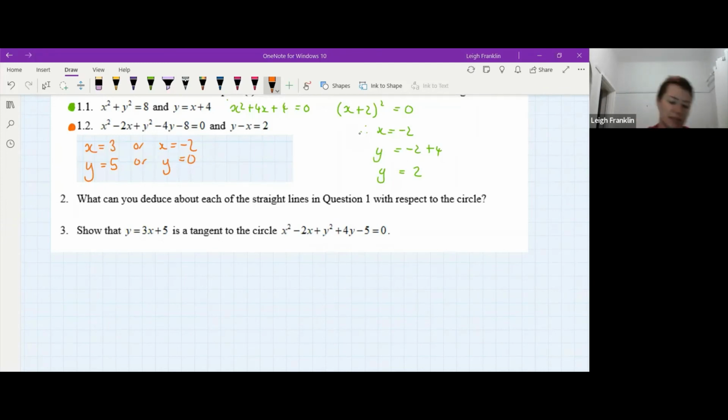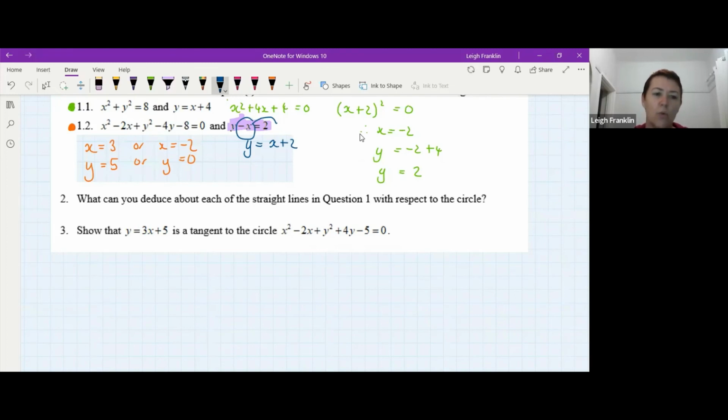Okay, so can you see that the choice is yours? Either you can make x the subject of the formula, or you can make y the subject of the formula. When we're talking about this linear equation over here, what I did is I made y the subject of the formula. So I left the y on its own, and then I took this minus x over to the other side. So it became y equals x plus 2. And then you don't have to complete the square in order to solve this.